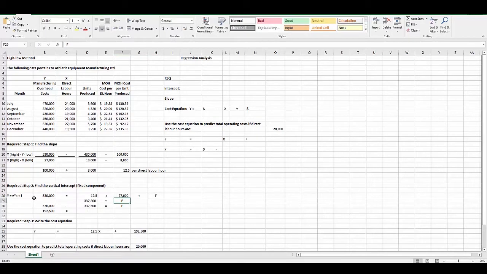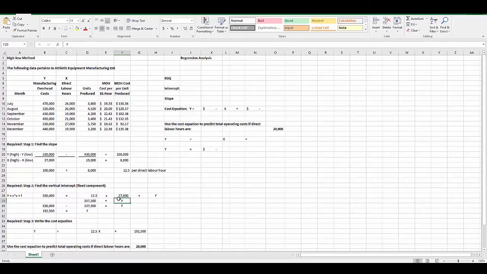You're filling in the components of the formula you know. Your Y is equal to 530,000. Your variable is $12.50 times the number of hours, plus your fixed. So we're looking for the fixed. All you're doing is taking your total and subtracting your variable.